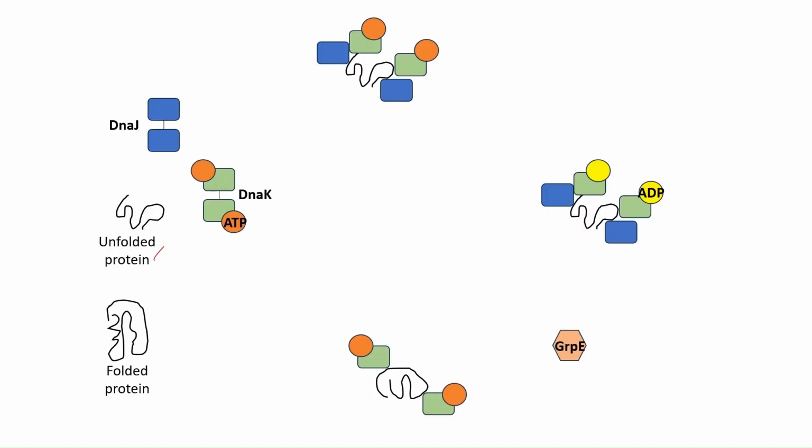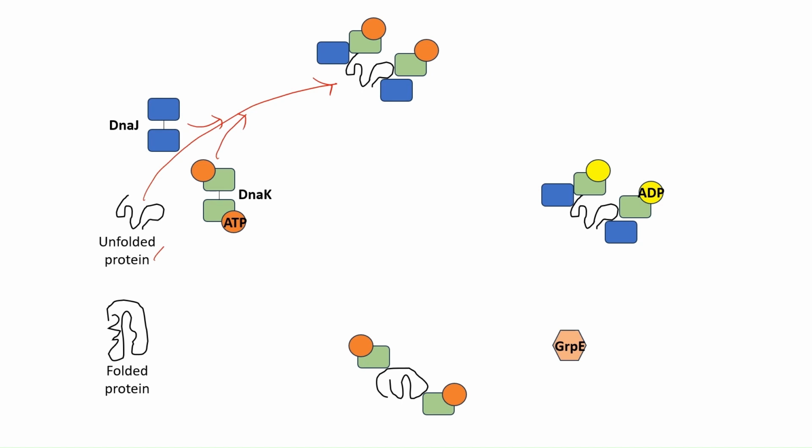This is an unfolded protein. What happens? First of all, DnaJ will come and bind to this unfolded protein. Once DnaJ binds, it will direct the binding of DnaK. DnaK has ATP attached to it because the process of folding requires energy.